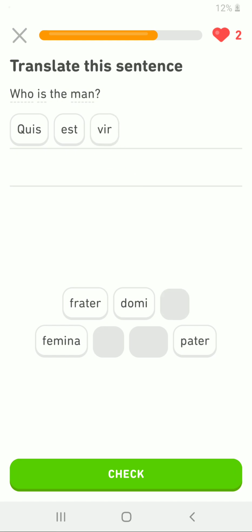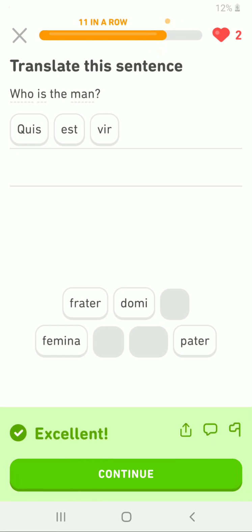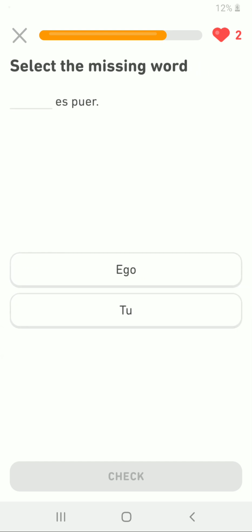So we only have this option left. Quis est vir? Who is man? They don't use the article here. Who is the man? Who is that man? Demonstrative articles, they don't have such things, it seems.